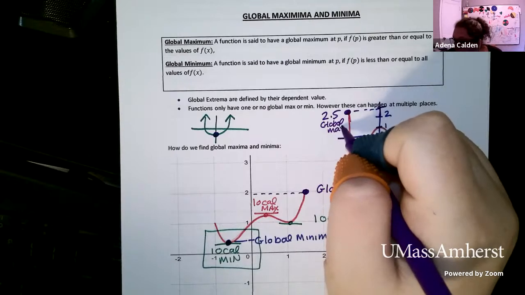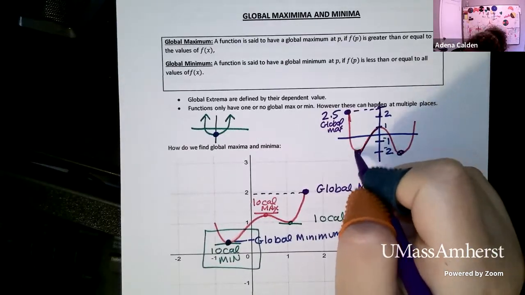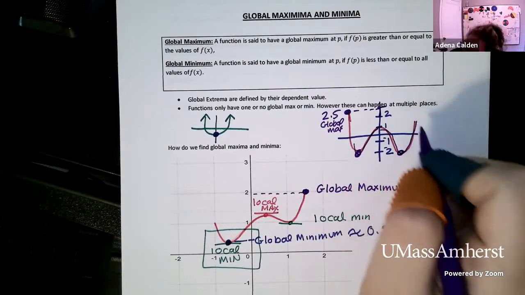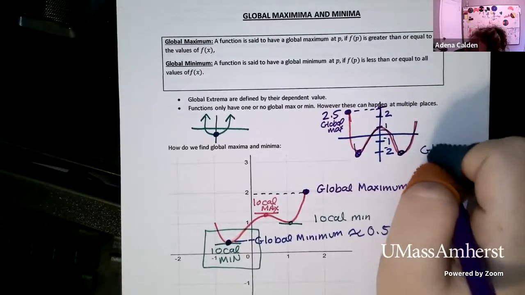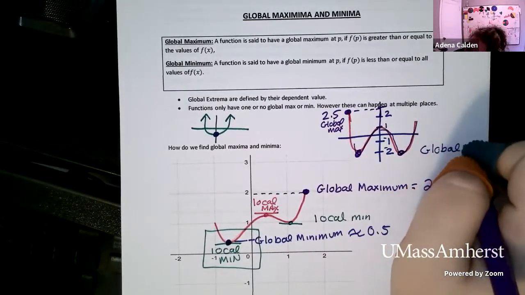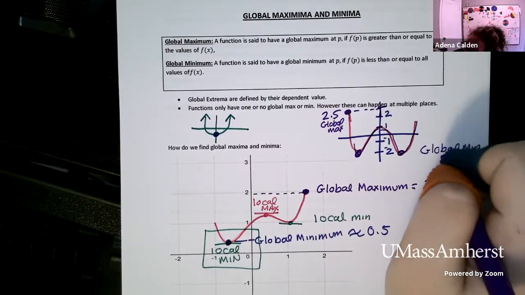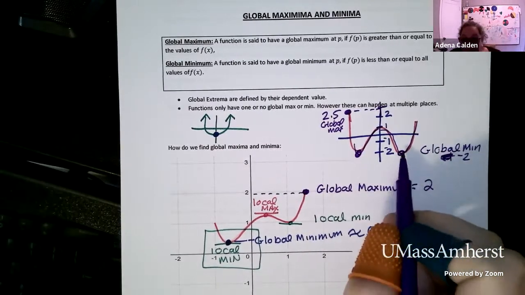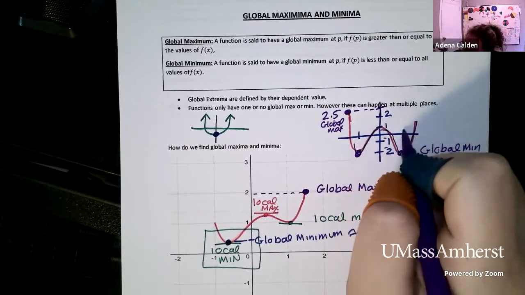But when we talk about the global minimum, let's assume that these are at the same point for the sake of the exercise. The global minimum is -2, but it happens at 2 different places. It happens here and here.